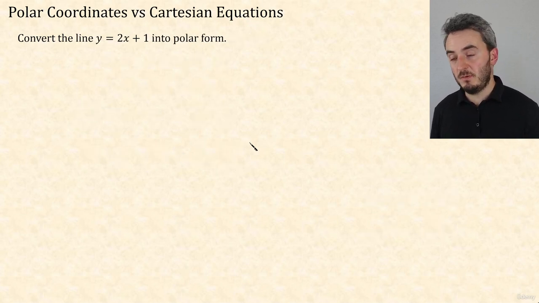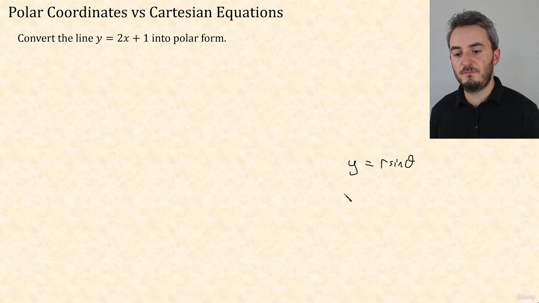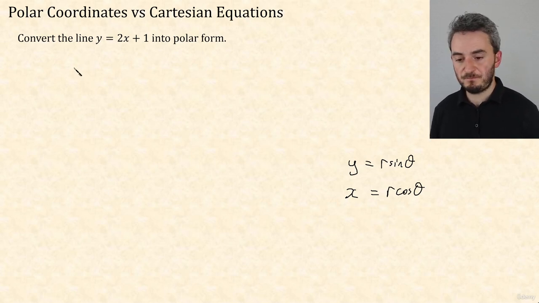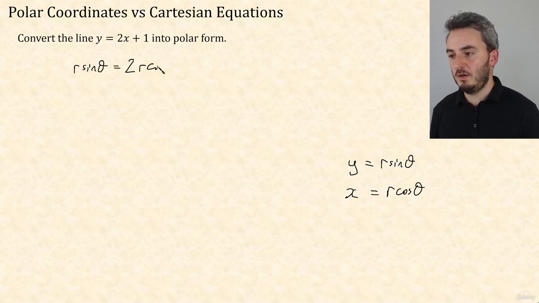So here we're trying to go the other way, which is to convert a line, a Cartesian line, into polar form. Well, to do that, we're just using the two results that y equals r sine theta and x equals r cos theta. And our aim is to get an equation, if we can, in the form r equals some function of theta. So we've got r sine theta equals 2r cos theta plus 1.